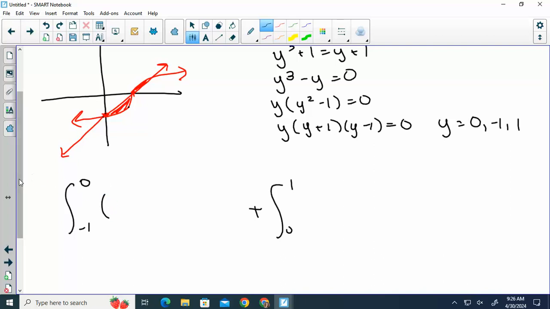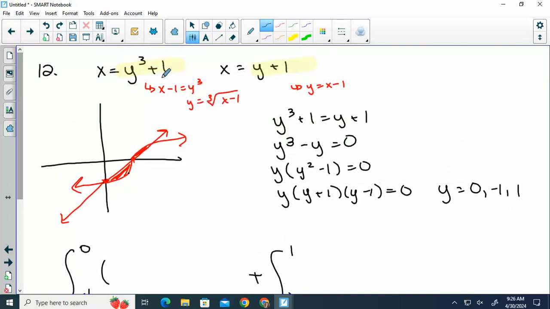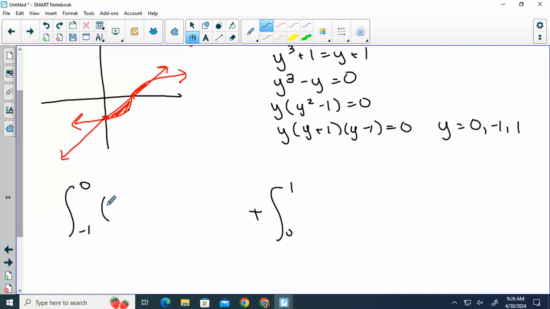It was y cubed plus 1, minus the curve on the left, y plus 1. This would be a dy.